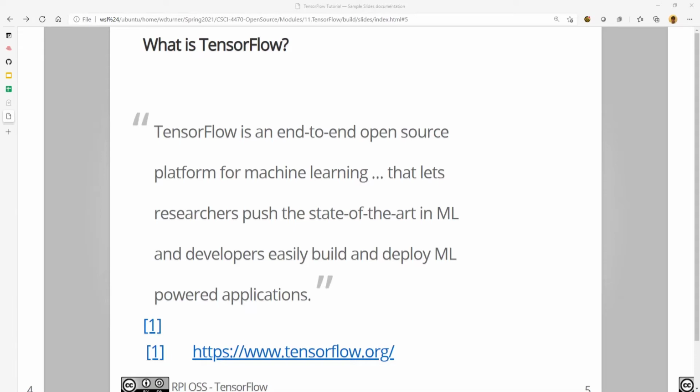So basically, TensorFlow allows us to develop machine learning applications faster, and allows us to do research in both machine learning and machine learning applications. And the cool thing is that it is open source.